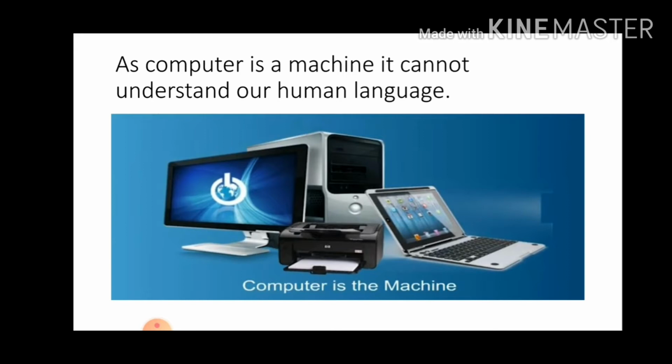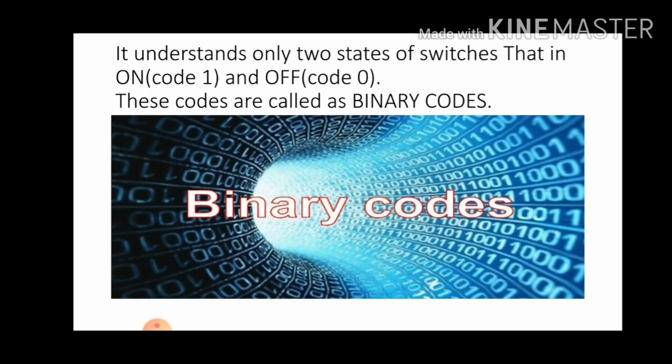It cannot understand our own languages like Hindi, Telugu or English, but it can understand only the language of codes, that is binary codes. It understands only two states of switches, 0 and 1. On means code 1 and off means code 0. So it has only two modes of understanding, 0 and 1. These codes are called binary codes.